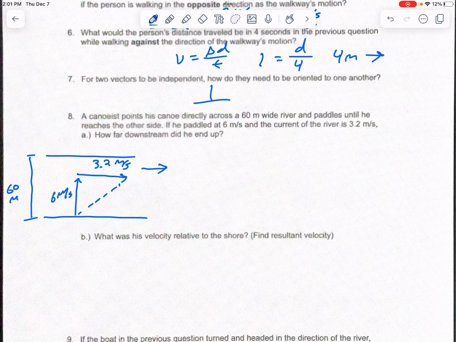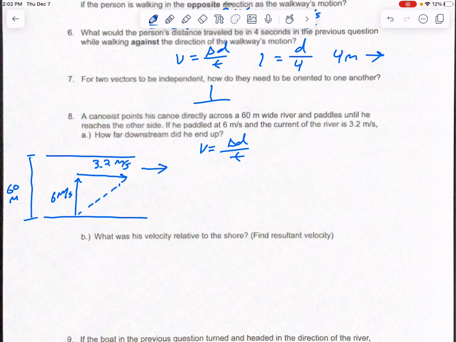In order to do this, remember when we did these, all you needed to know was V equals D over T. So I have my velocity, but I don't have time. I don't know how long he's actually going to be paddling for, but I can solve for how much time it's going to take because I know my velocity going across the river, and I know how wide the river is. So I'm going to use the velocity of the boat.